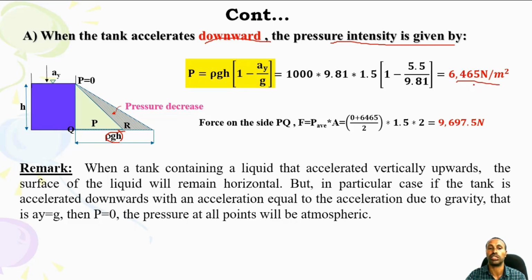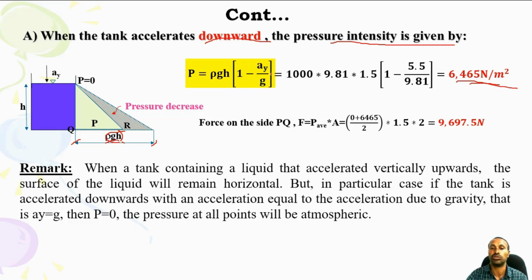So you get this result. So this is a pressure decrease, this region. Initially you have rho g h up to this point, but due to downward motion it will change to P, because h is decreasing.